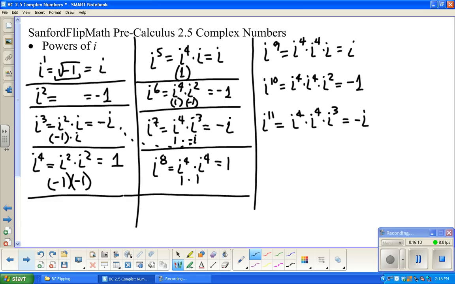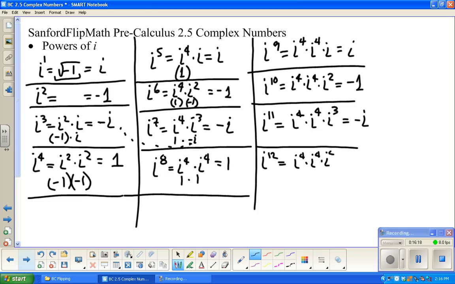Okay, one more of these. i to the 12th is i to the 4th times i to the 4th times i to the 4th, which, you guessed it, is 1 times 1 times 1 is 1. All right, so some of you have seen this probably 2 or 3 times. Okay, so I need you to see this.